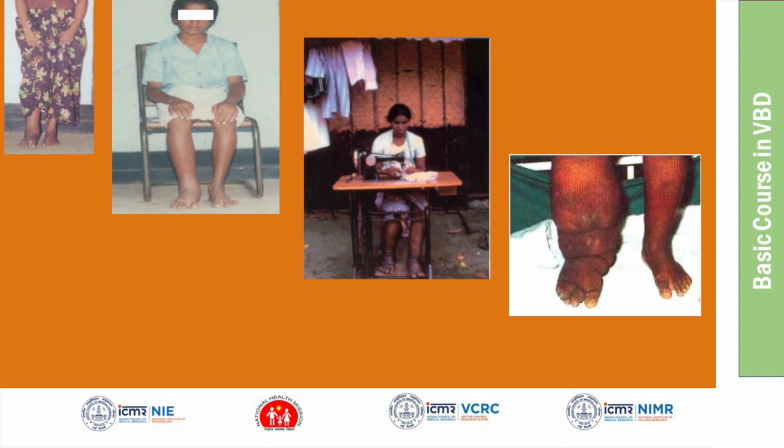And subsequently, it will become a permanent swelling. There will be a waxing and waning. The third stage is called a persistent edema. And the fourth, that girl who is engaged in tailoring, that is the elephantiasis stage. And the fourth and fifth ones have elephantiasis with secondary infections.